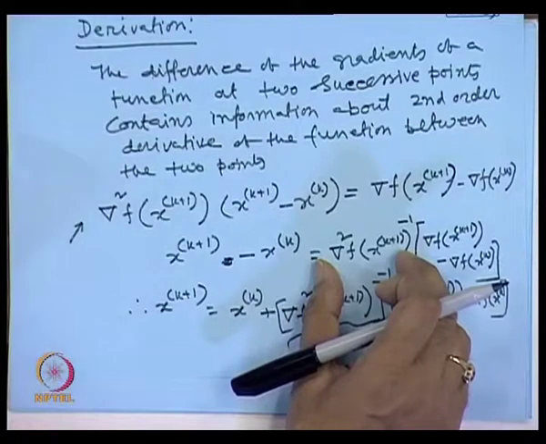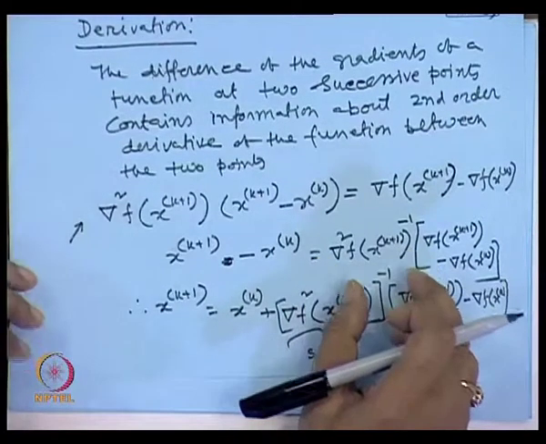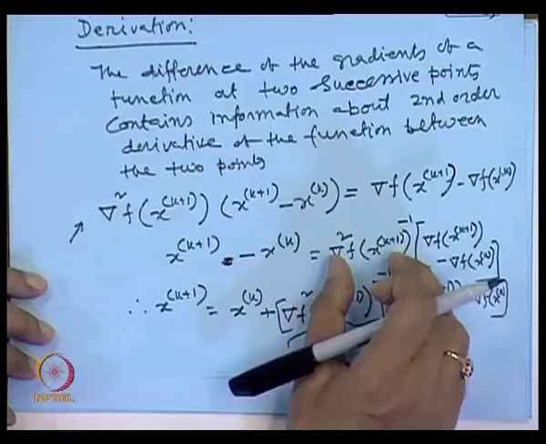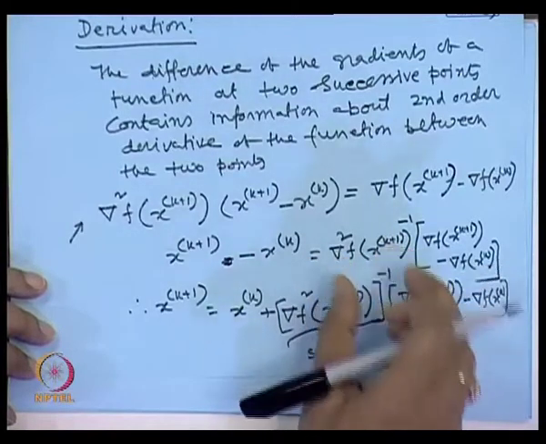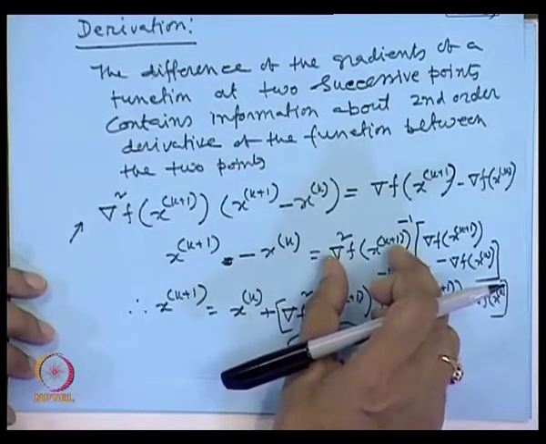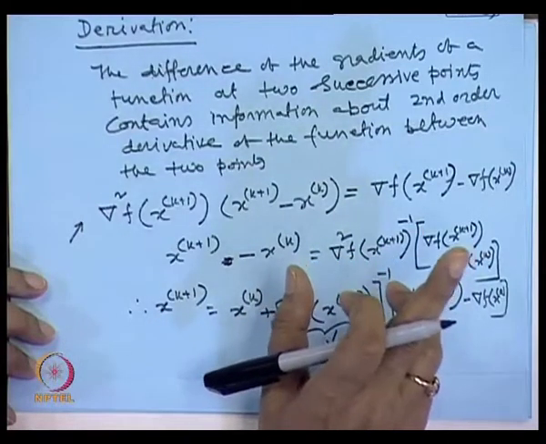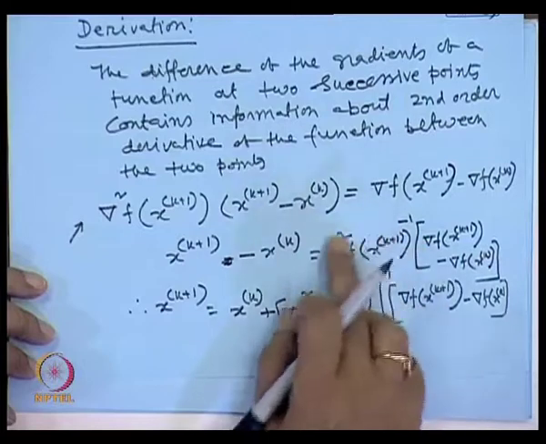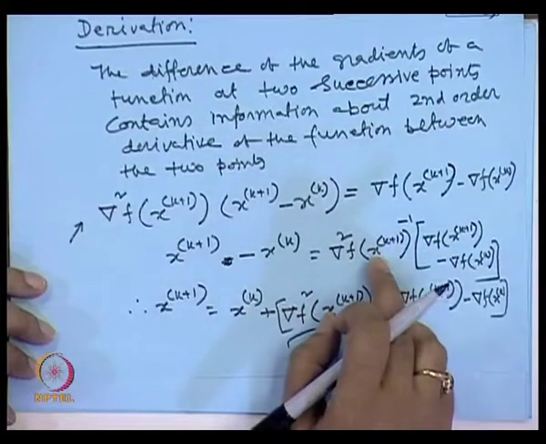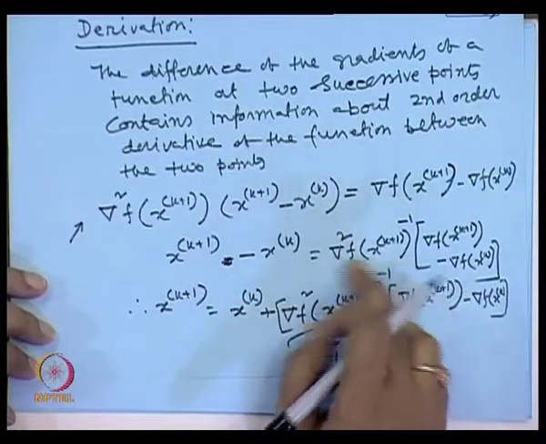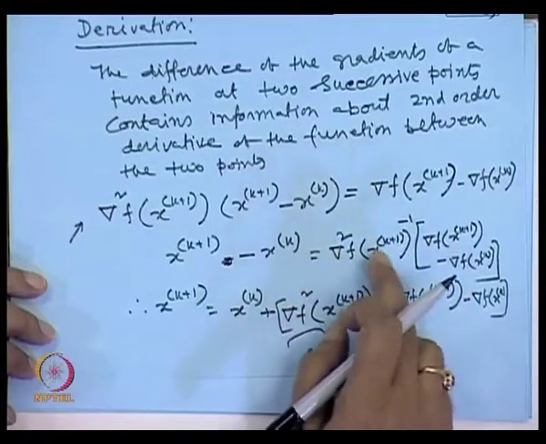I mentioned earlier that in Newton's method for solving the unconstrained optimization problem, this creates problems. First, the Hessian matrix, delta square f, must be positive definite. Next, the inversion must always exist. When the number of variables is very large, the computational burden involved here is heavy.